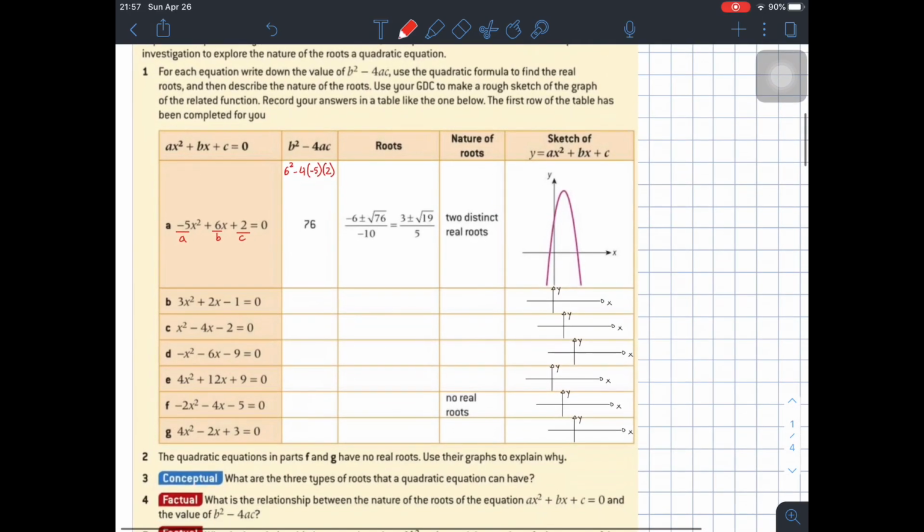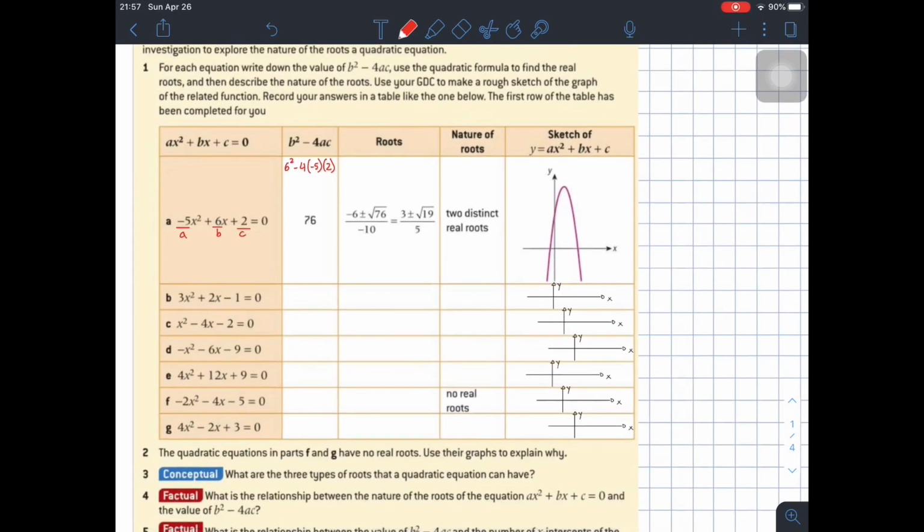Number 1, for each equation, write down the value of b squared minus 4ac. Use the quadratic formula to find the real roots and then describe the nature of the roots. Use your GDC to make a rough sketch of the graph of the related function. Record your answers in a table like the one below. The first row has already been completed for you.